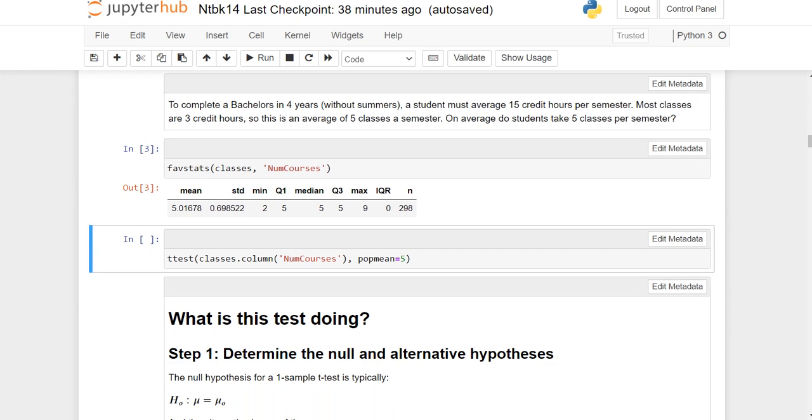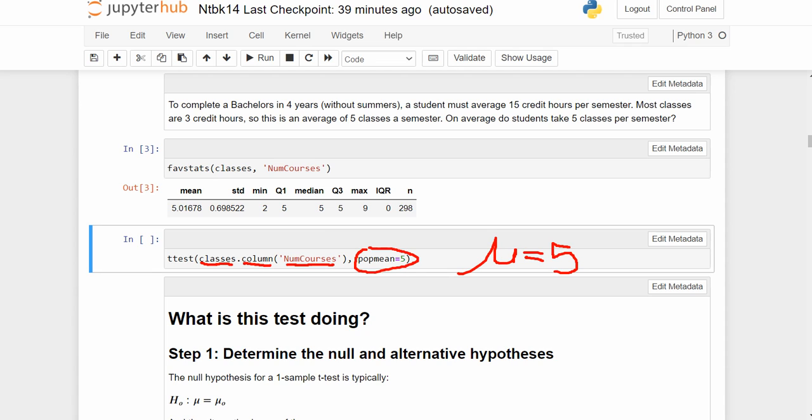Here's the hypothesis test, and let's talk about it. So it's going into the classes table and dot column. In other words, we need arrays. We need an array to stuff in here. So instead of dot select, it's dot column. And then we point it at num courses. And then what's this pop mean equals 5? That's basically where the computer learns that our null hypothesis is mu equals 5.